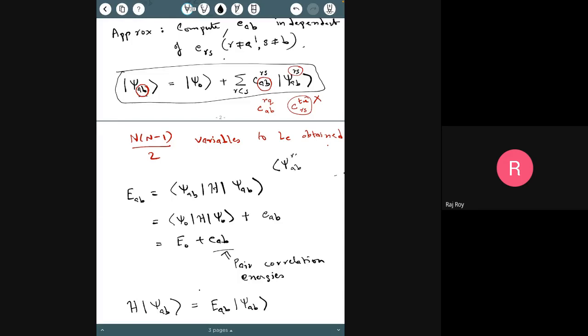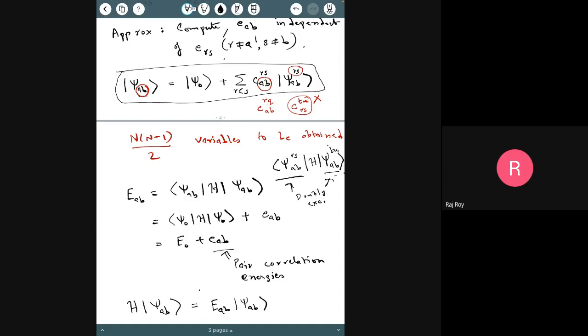So let's say psi AB to RS, H, psi AB to TU. You have terms where both these wave functions are doubly excited with respect to the ground wave function and also with respect to each other.